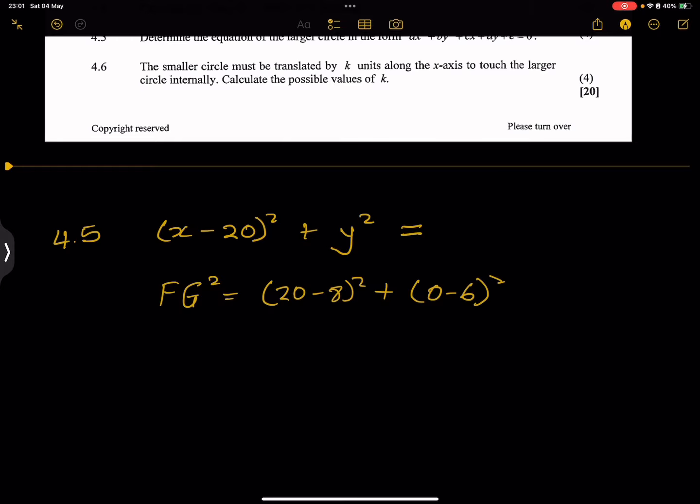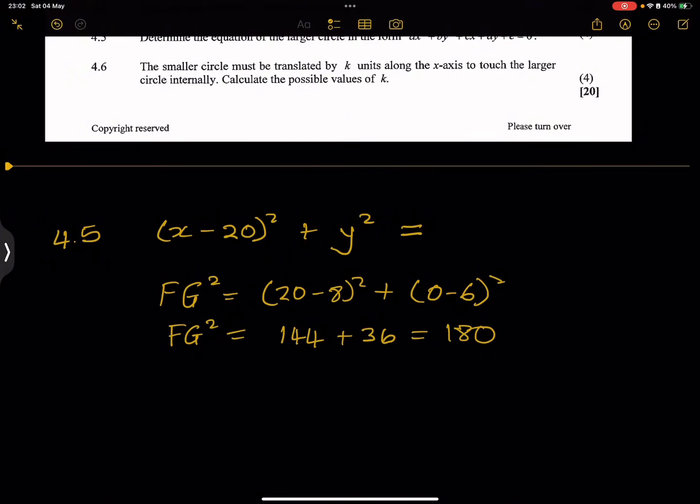And what does this give us? That would be 20 minus 8, which gives us 12 squared, which is 144, and negative 6 squared is plus 36. If I add those two, that will give me 180. And this is FG squared, the radius squared of the big circle.